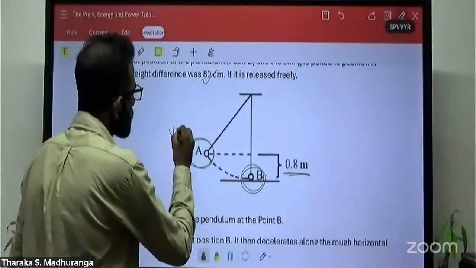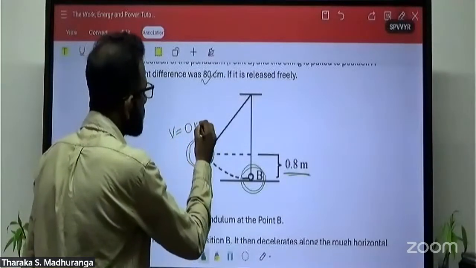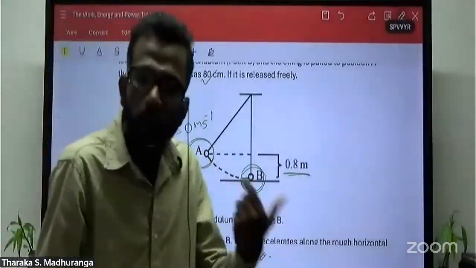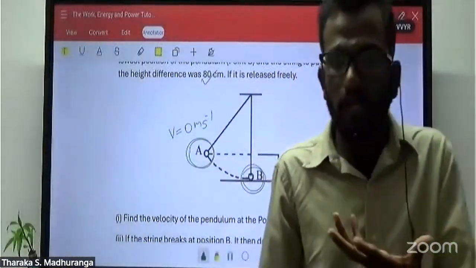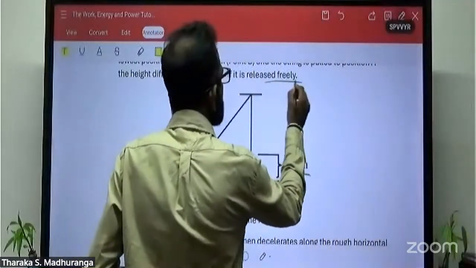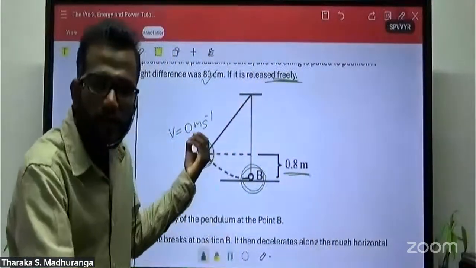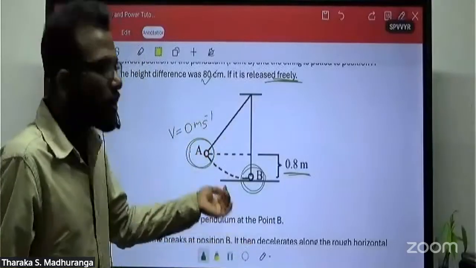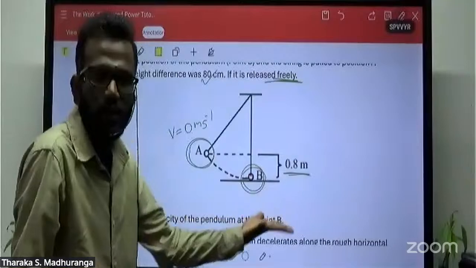It starts from rest. The word "freely" is important. Released freely, the starting velocity is 0, then it increases and comes to B with some velocity.